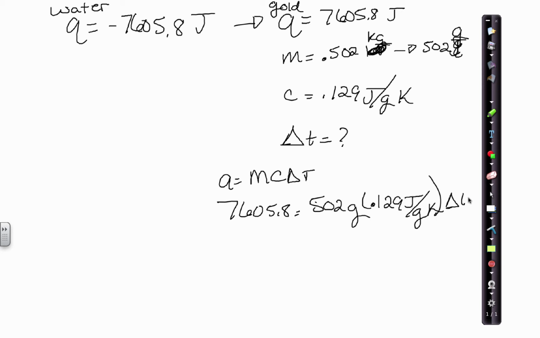And delta T is unknown. Well, my grams will cancel, my joules will end up canceling, and I'll be left with Kelvin. So once I solve for delta T, I should get 117. So the temperature will go up by 117 kelvins here.